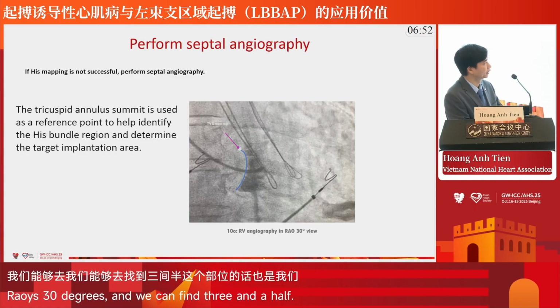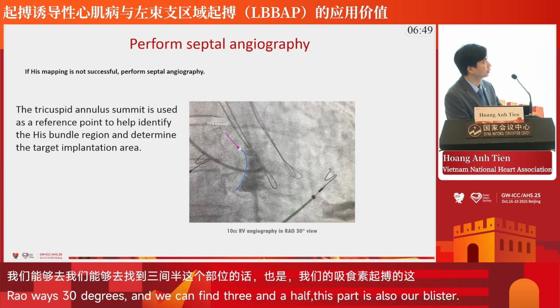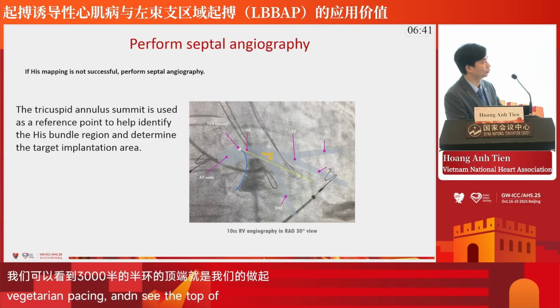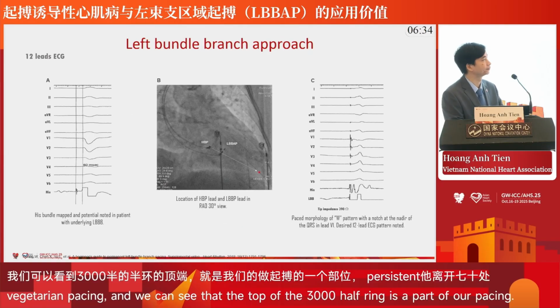Here the tip, here the summit of the tricuspid valve, and also the His bundle pacing. And the target is 1 to 2 centimeters from the His position toward the apex of the heart.